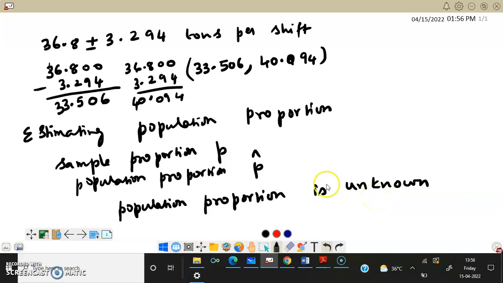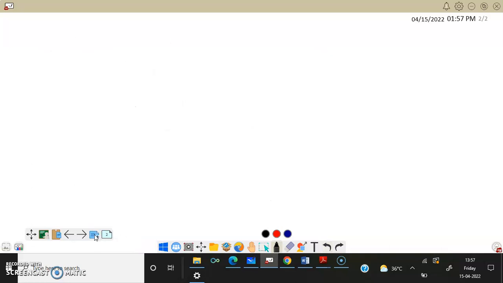The sample statistics will be P and Q. We will be substituting P and Q in the formula for the standard error of proportion to obtain the estimate. We can substitute P and Q in the standard error of proportion.